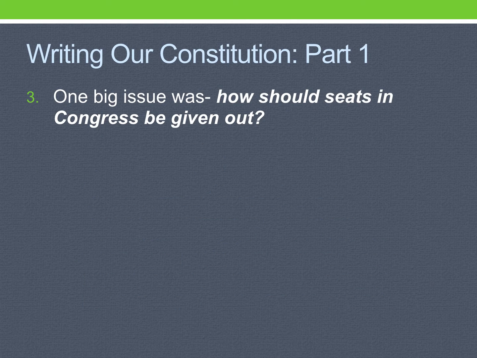As they were coming up with this new constitution, one of the biggest concerns, one of the biggest problems that they faced was the question of how should seats in Congress be given out. Under the Articles of Confederation, all the states were equal. They all had one vote.